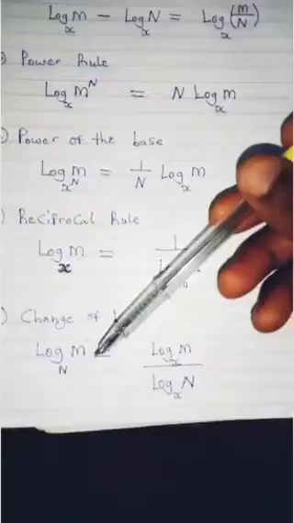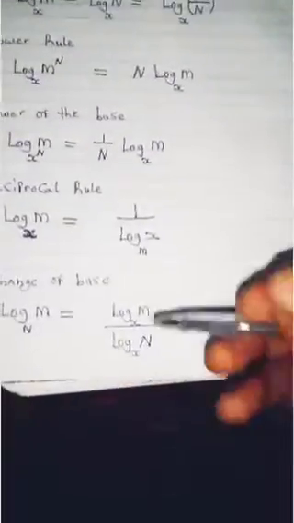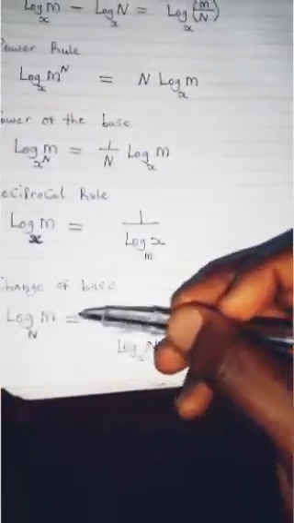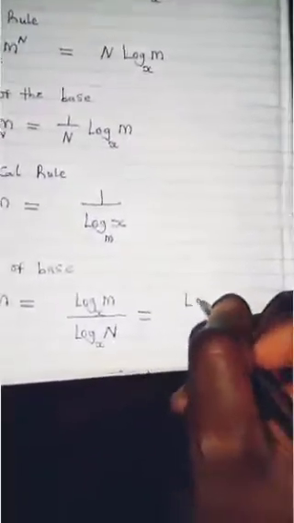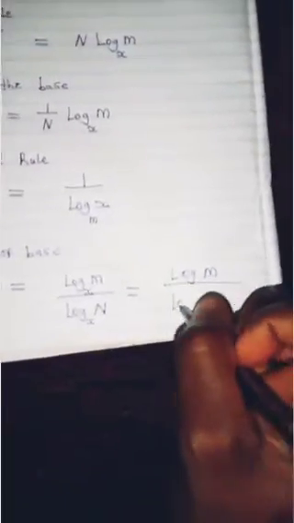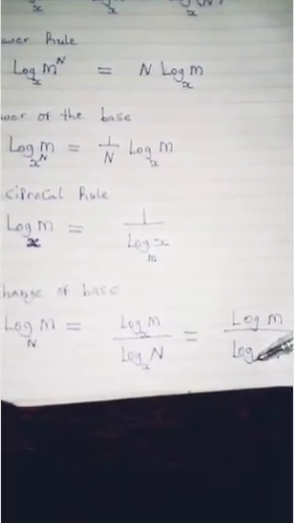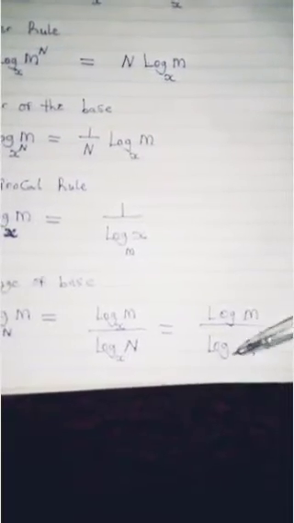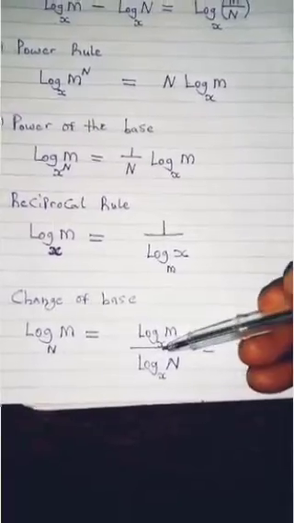Or we can also write it in form of this, which is log m over log n. When we are dealing with change of base, we need to note that the base is always base 10, which means this x is representing base 10.